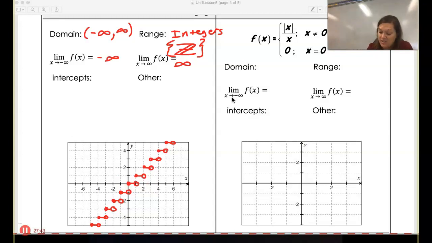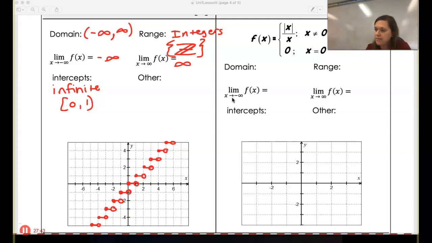So really, there's an infinite number of intercepts occurring right there. It's in the interval of 0 to 1, not including 1, where your intercepts are. That's pretty cool, right?